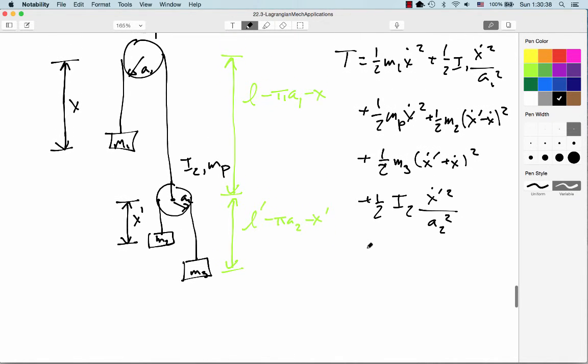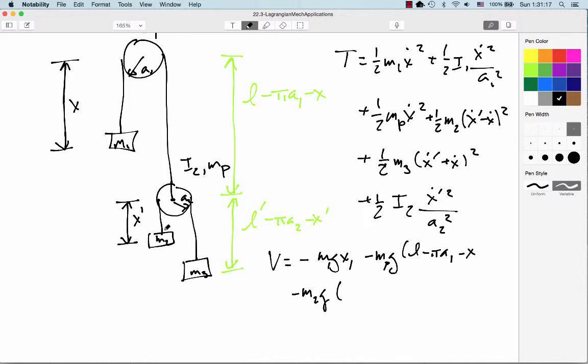All right. Potential energy. V equals low-hanging fruit, minus m1 g x. This pulley doesn't count. This one here will be minus mp times g times that distance there, L minus pi a1 minus x, minus m2 g. That's m1 there.